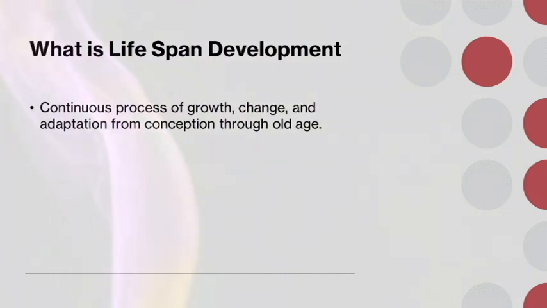Now, let's look a little bit at how the history of lifespan development and research has changed over time and how cultural expectations have changed over time. Now, we're going to focus primarily upon England here.